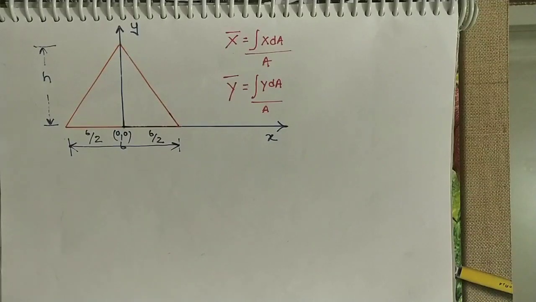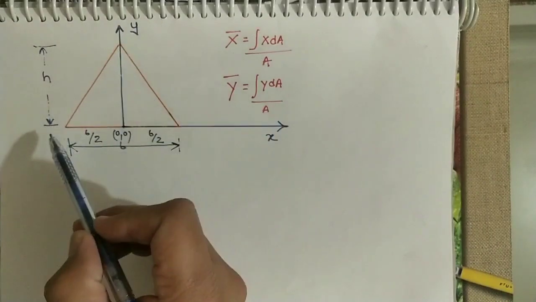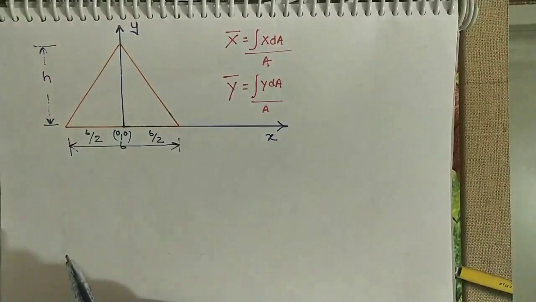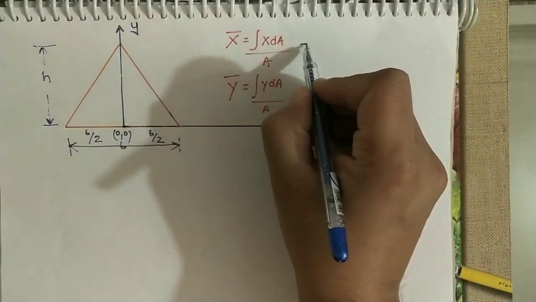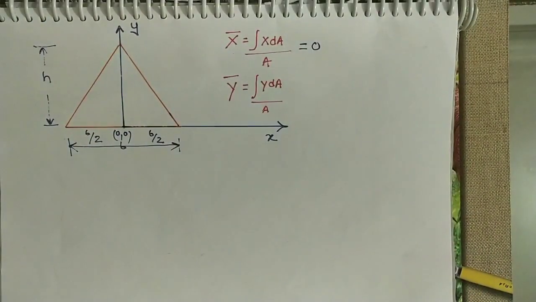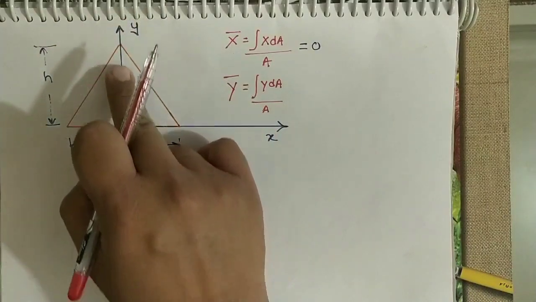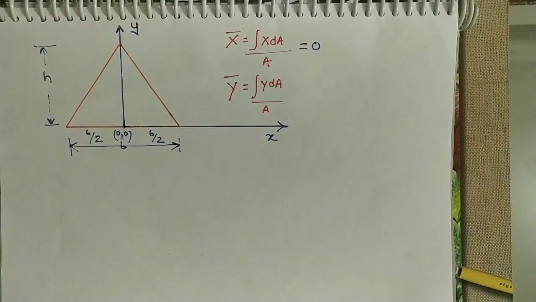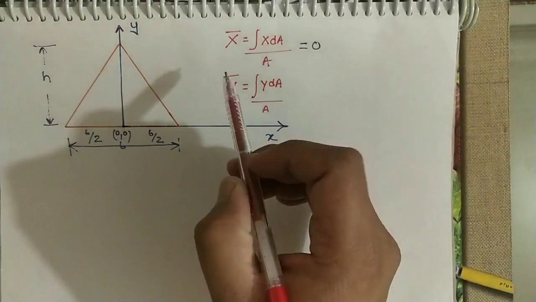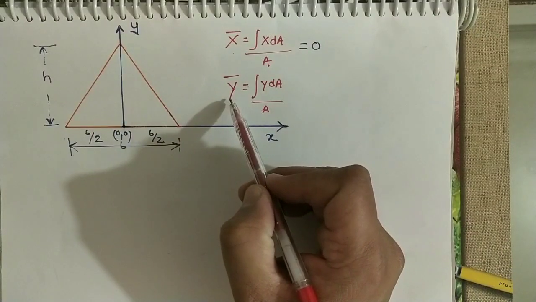Now you can easily figure out that the x coordinate of the centroid of the triangle will be 0, because it will lie somewhere on this y-axis. So this is the benefit of selecting the reference coordinate system as per our ease. But we have to find the y coordinate of the centroid.